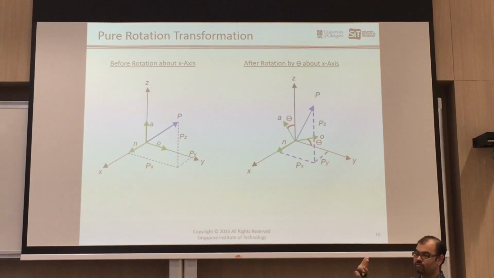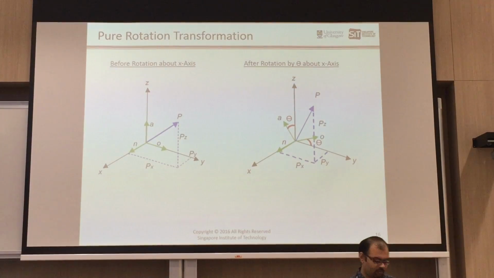Because with respect to the moving frame, it's the same, it doesn't matter. It's like I'm on a turntable. With respect to the turntable, I'm at the same location, I'm moving. But with respect to the base, I'm actually rotating. Same thing. Right? So you are always trying to find out what's happening with respect to the global frame.